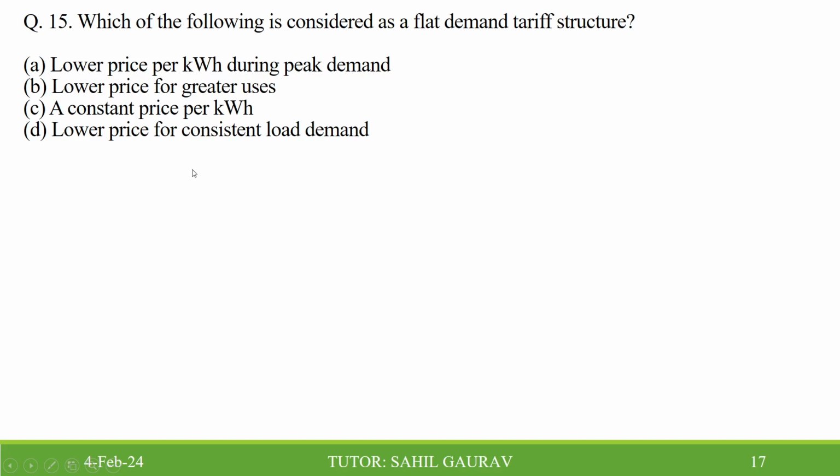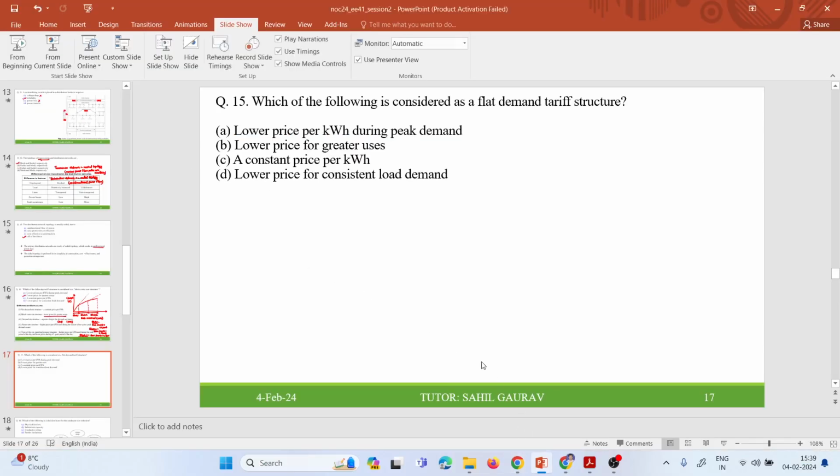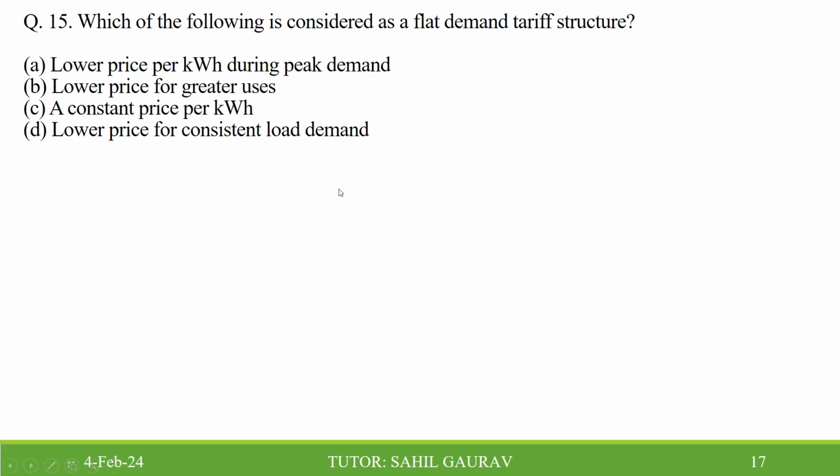What is the correct option? Option C, yes, correct. A constant price per kilowatt hour. C is the correct answer.